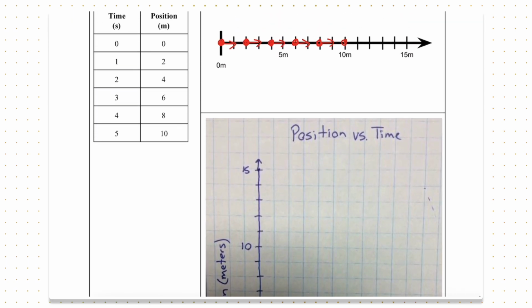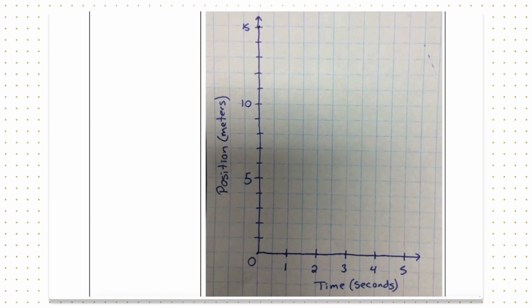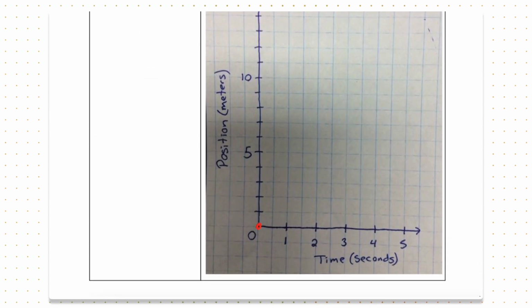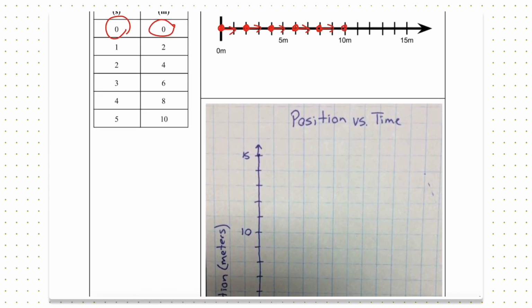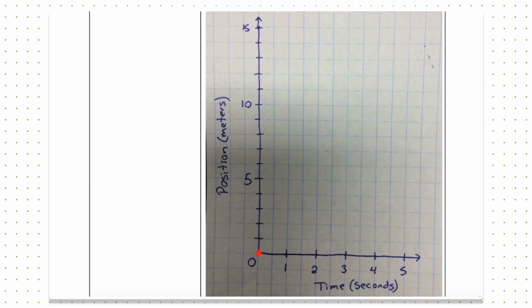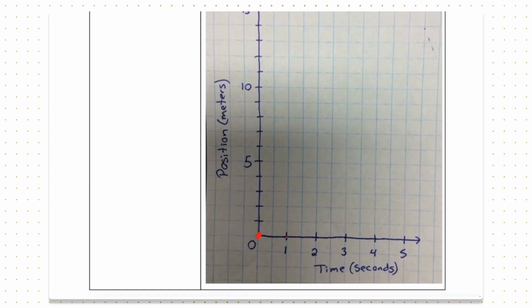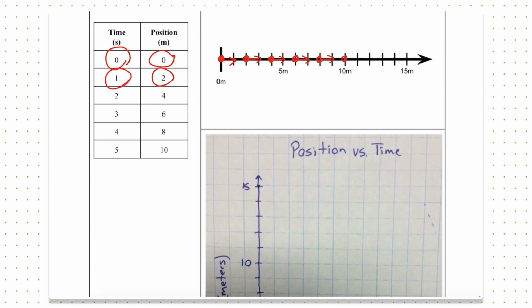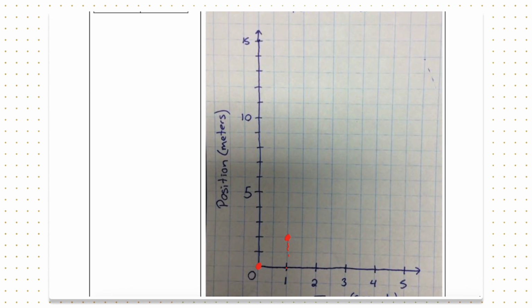Okay, so let's see. Our first one is 0 seconds and at a position of 0. So that's just a dot right there. And then our next one, 1 second, 2 meters. So let's see, I'm going to go over here. 1 second, go up there, 2 meters. 2 seconds, 4 meters, so here.